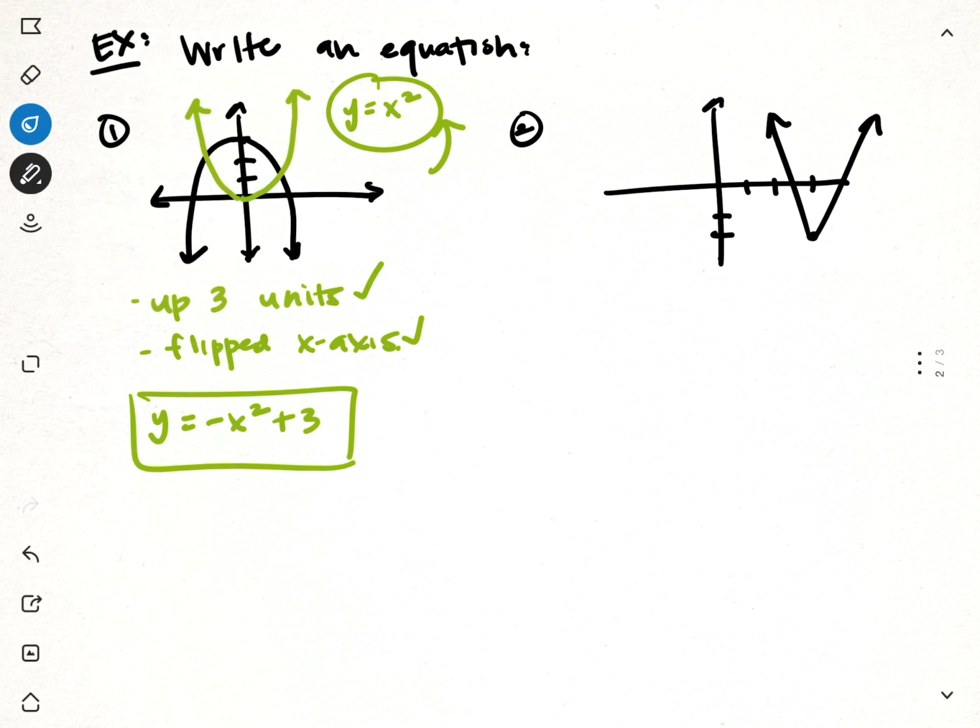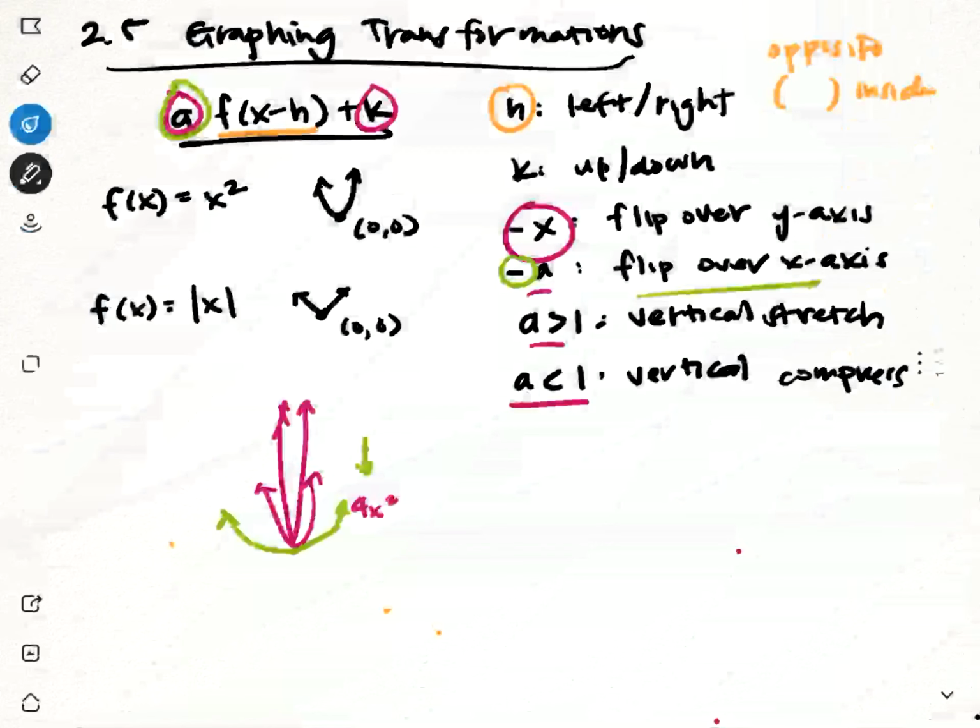Okay, part 2. We didn't mention this earlier, even though I have it written down. For x squared, the base function is just x squared. It's a parabola, opening upward, and the vertex is at 0, 0. The absolute value function is pretty similar, except it's a V-shaped graph, and the vertex is again at 0, 0.